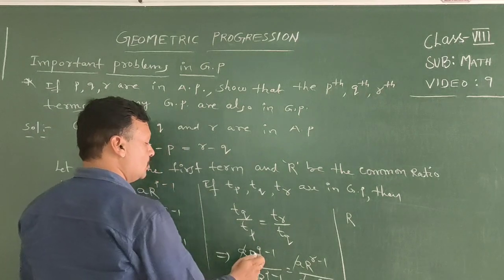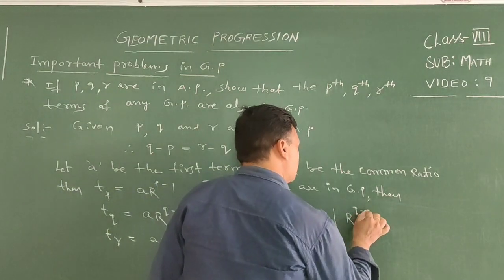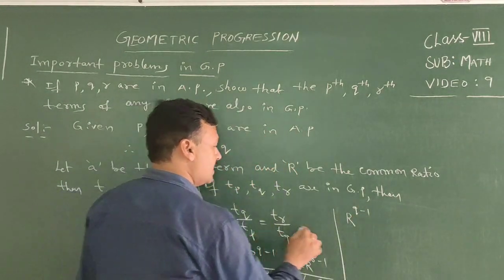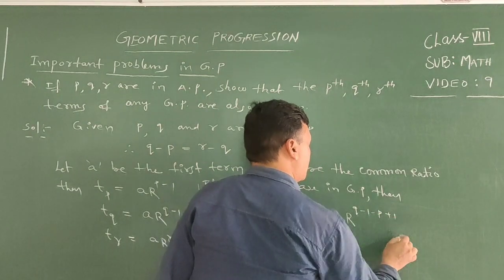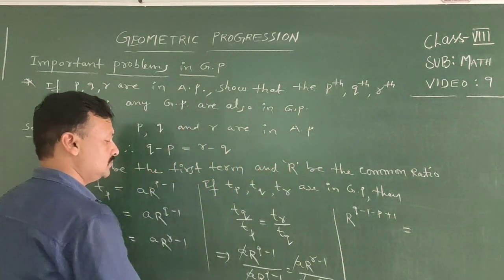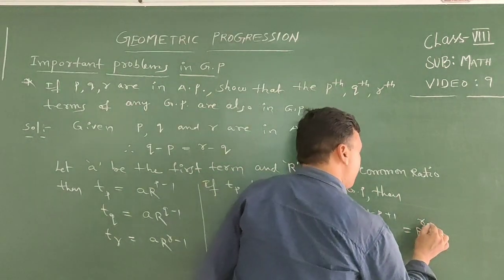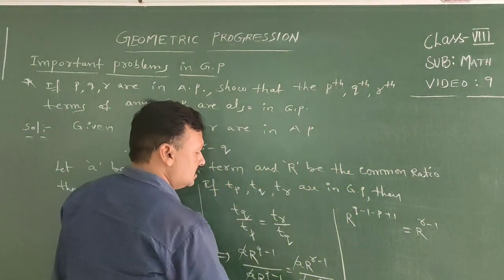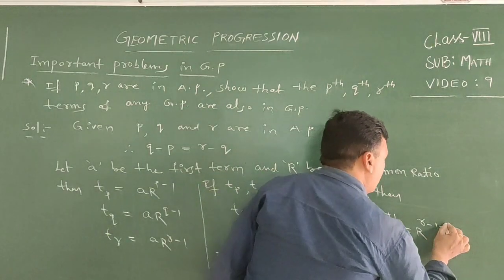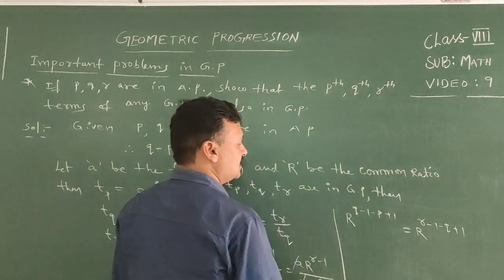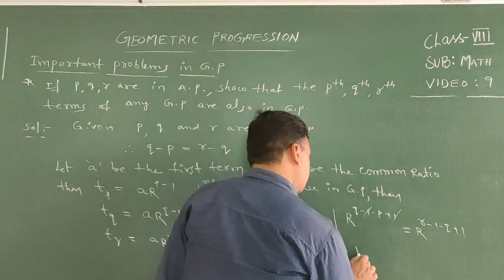R power Q minus 1 minus P plus 1 equal to R power R minus 1, then Q minus 1 becomes minus Q plus 1. Here minus 1 plus 1 get cancelled.